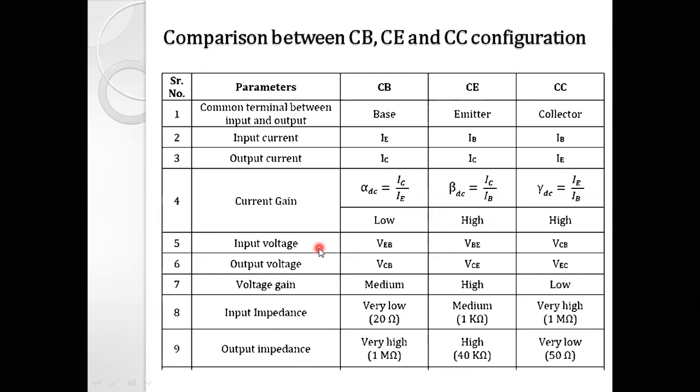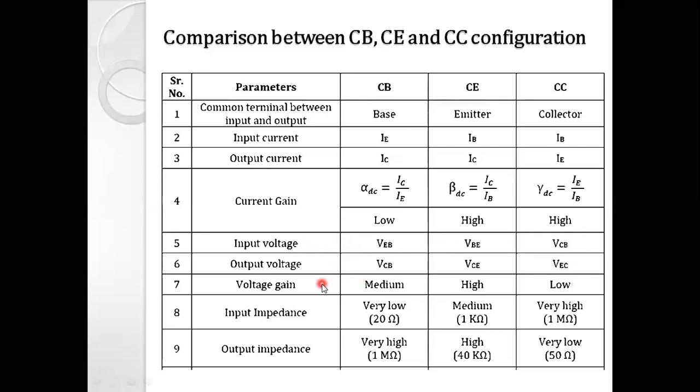Then, what is the input voltage for each of the configurations? If you remember input and output terminals very well for each configuration, then you can easily mention the input and output voltage for common base, common emitter, and common collector configuration.